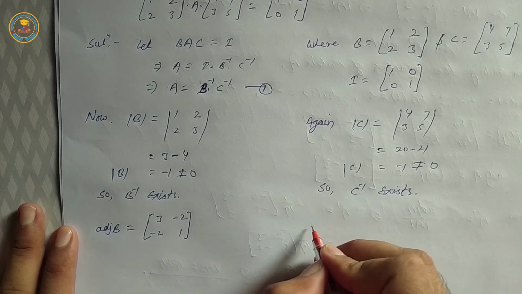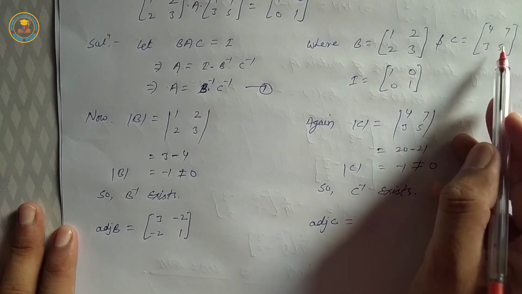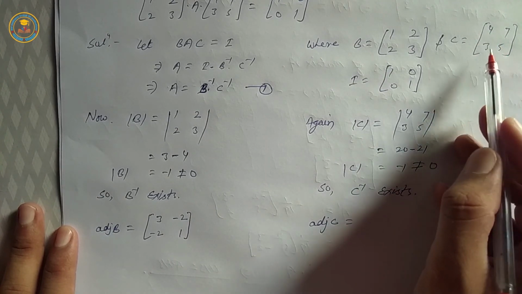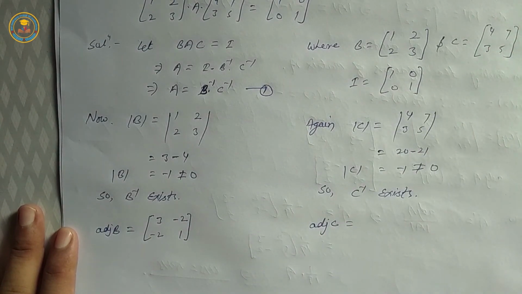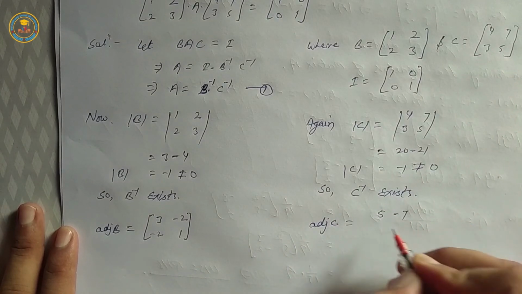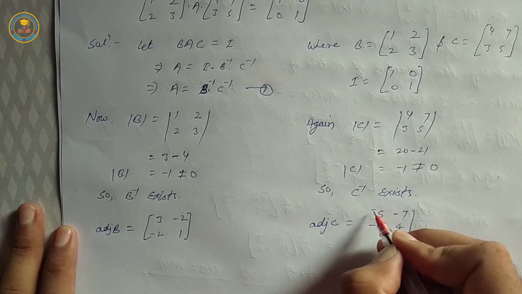And adjoint C is equal to 5, -7, -3, 4, by interchanging 4 and 5 and changing the sign of 7 and 3.